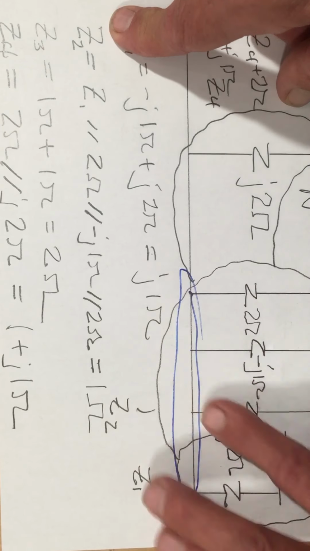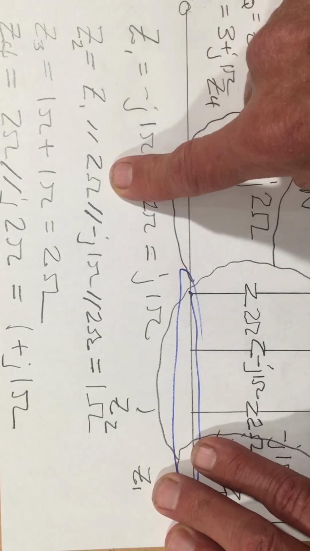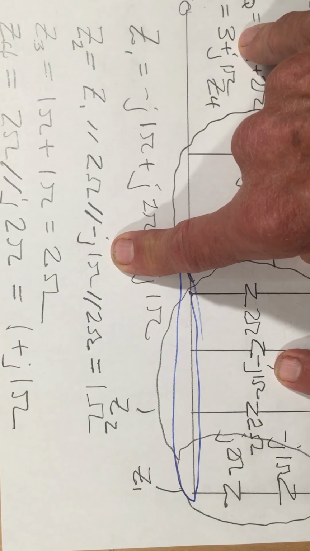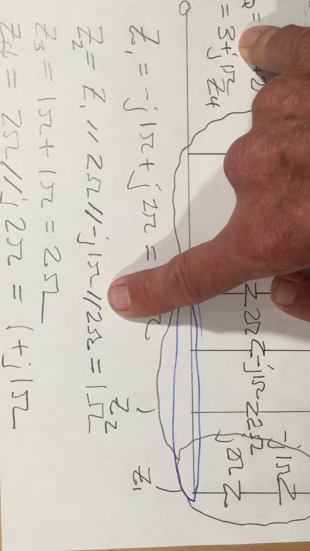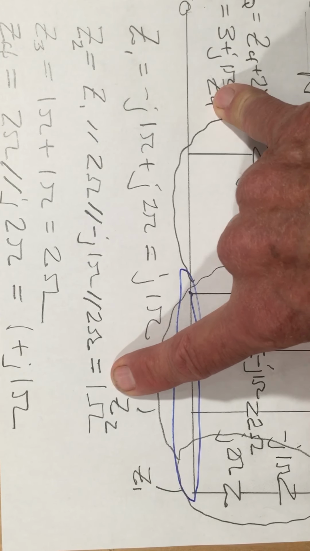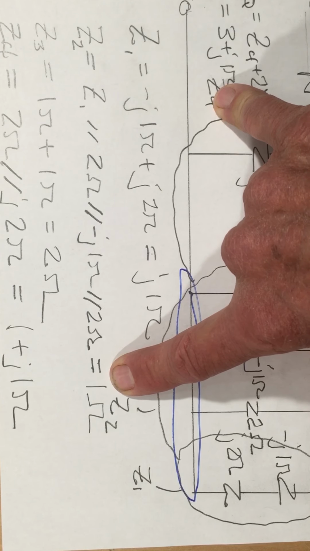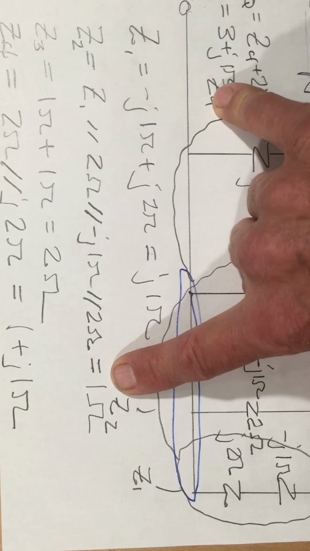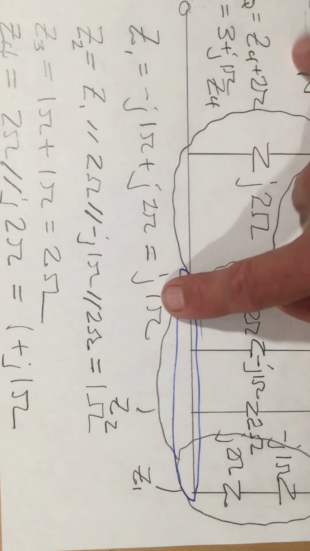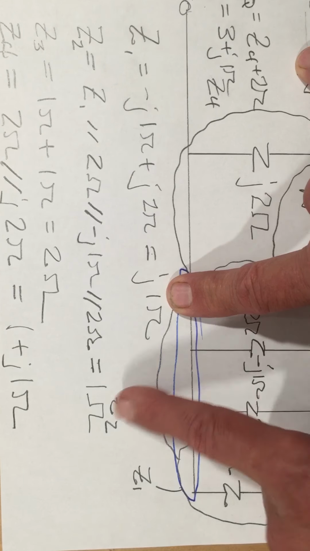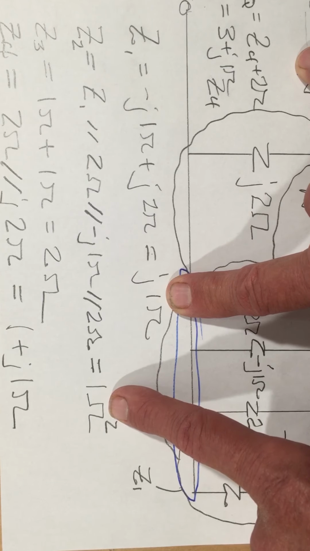Here we go, ZT. I have Z1 in parallel with the 2 ohm, which is in parallel with the capacitor, which is in parallel with this 2 ohm, and I do the parallel calculation, and I get 1 ohm. Notice, in this case, that the capacitor and the inductor cancel each other out, and I have a purely resistive network.